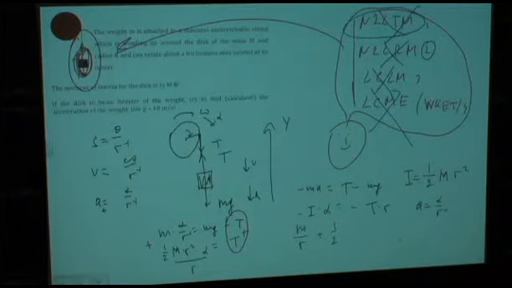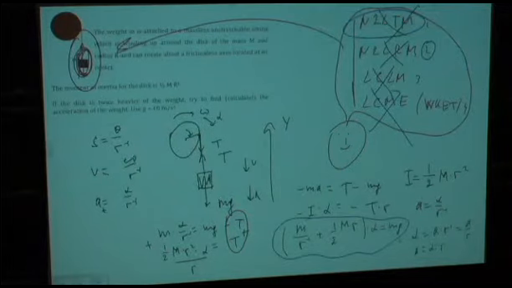Sorry, alpha equals A over R, so A equals alpha times R. Yeah. So (m plus 1/2 big M) times R times alpha equals mg. That's it. This answers the question.